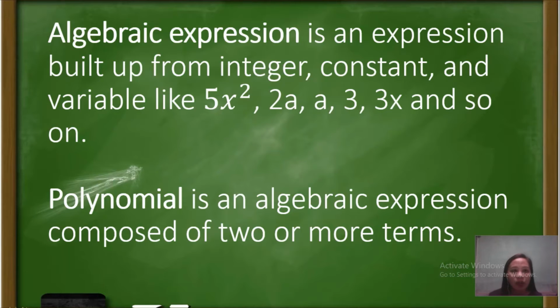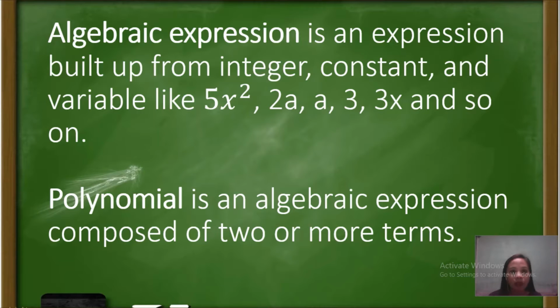Okay, we have here the algebraic expression. What is an algebraic expression? It's an expression built up from integers, constants, and variables like 5x squared, 2a, 3x, and so on. These are examples of algebraic expressions.